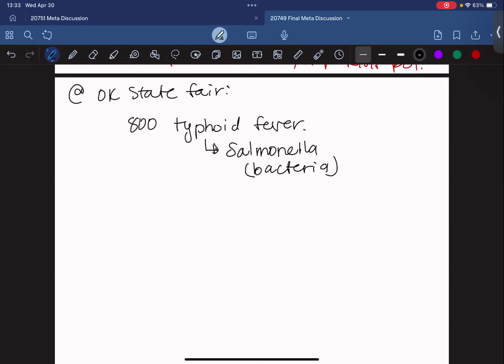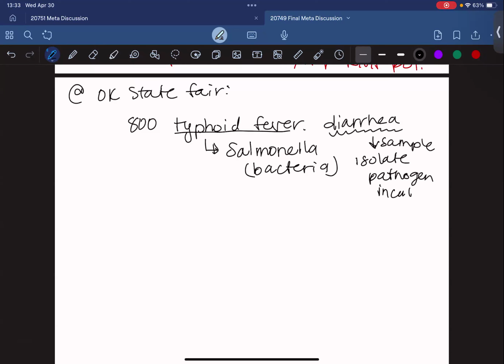So, in this particular type of typhoid fever, which is a diarrheal disease, if we take a sample of our patient's diarrhea and were able to isolate our pathogen, a method that we could use to do that might be our quad streak plate, right?